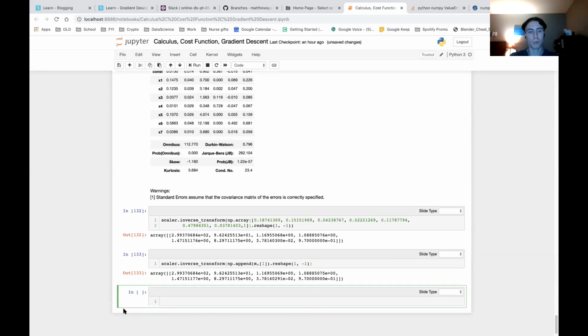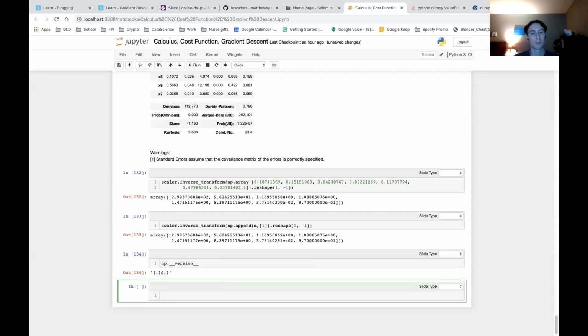Jacob, can you print np.__version__? So that's your NumPy version. If everyone else wants to check what theirs is. Mine's 1.17.3. Mine is 1.15.4.